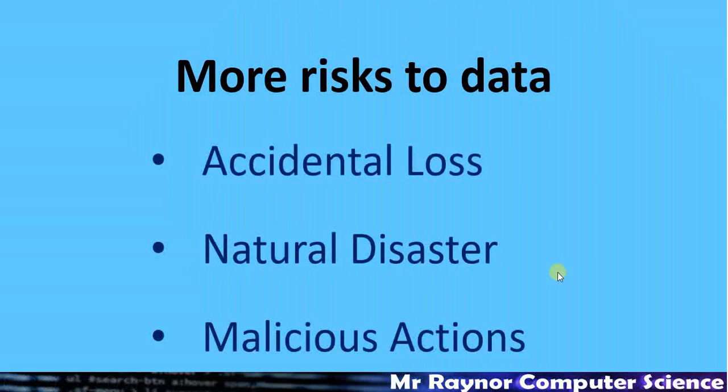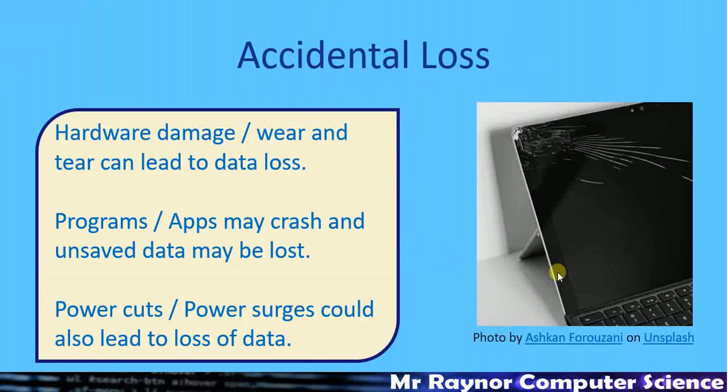Okay, a few more risks to data being lost in different ways. So firstly, accidental loss. We could have things like hardware getting damaged. So maybe a hard disk drive in a portable device, if it's dropped, could be damaged. Again, links to another part of the course, the hardware and software, if you've studied that.